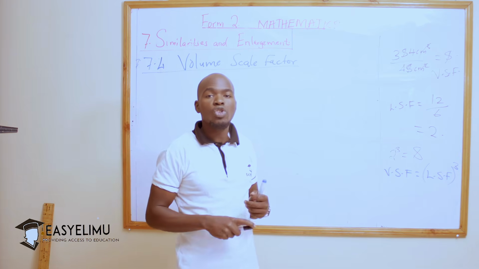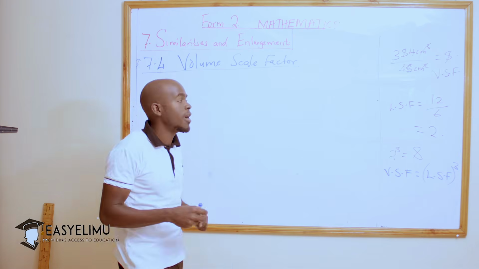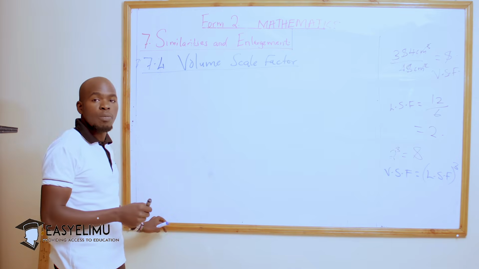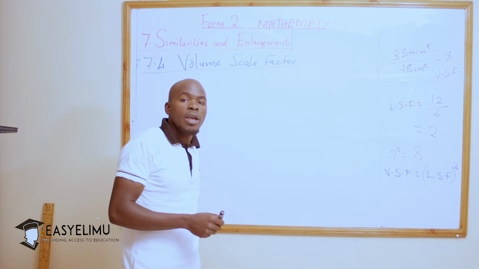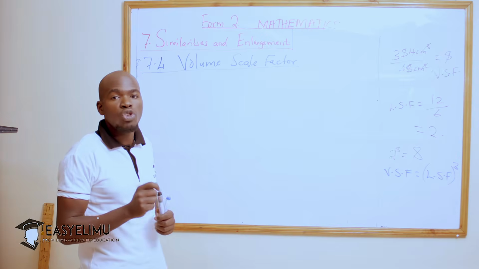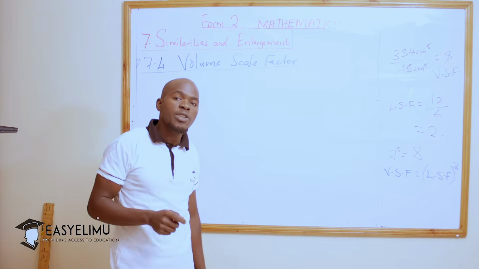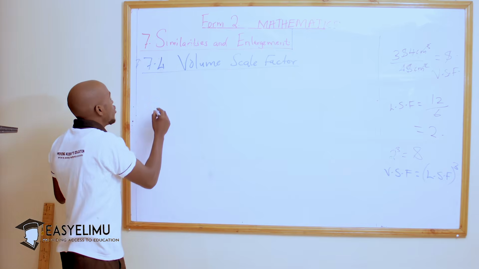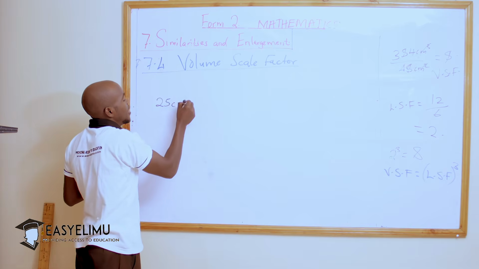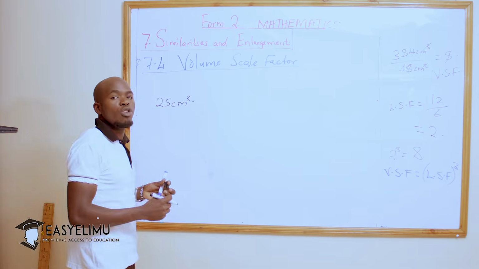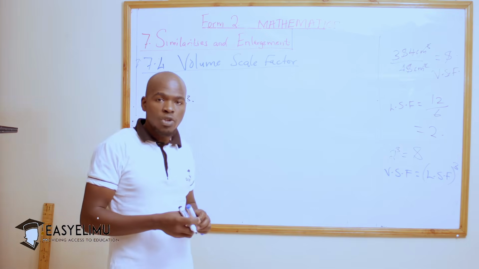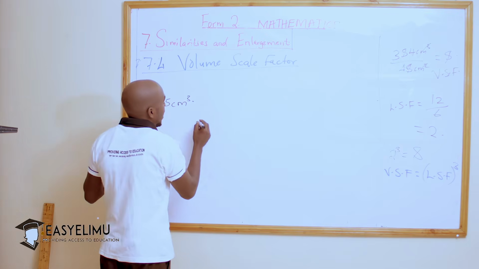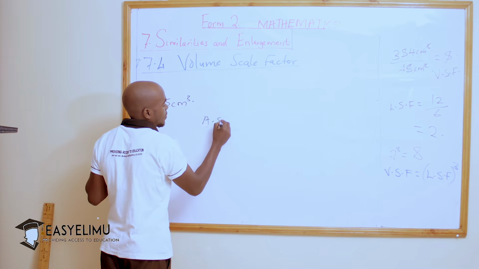For example, there are two similar square-based prisms, one having a volume of 25 cubic centimeters. Find the volume of the larger square-based prism if the area scale factor is 9.